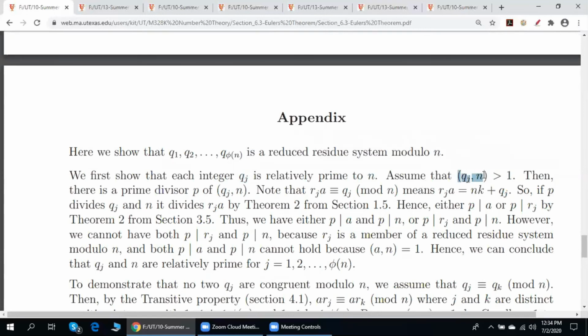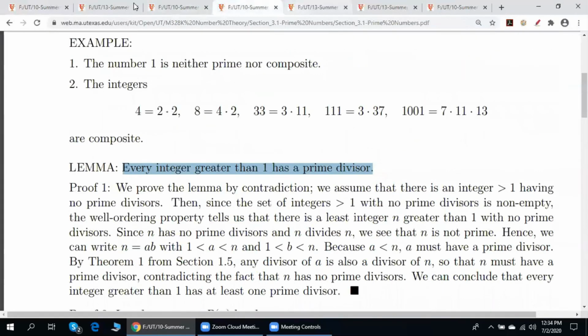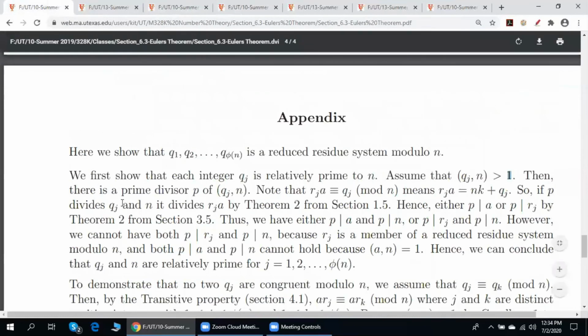Since this integer is greater than 1, by this lemma, it has a prime divisor P. So the greatest common divisor divides this and this. P divides the greatest common divisor. Therefore, P divides this and this.